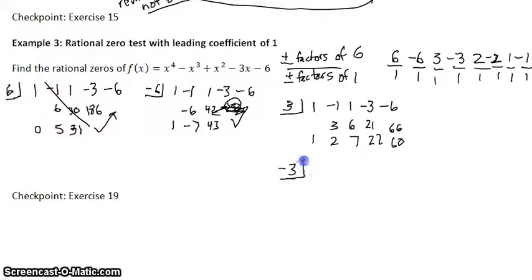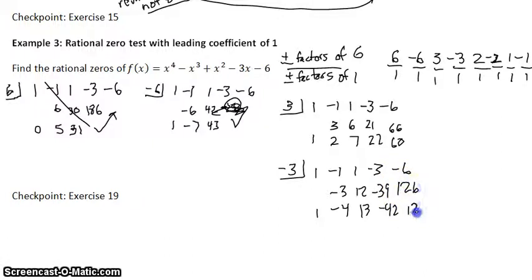So I'm going to pick another one. I still haven't found it. I've gone through half of the possible choices. We've gone through this one, this one, this one, and this one. Now I'm going to deal with some smaller numbers and see what happens.